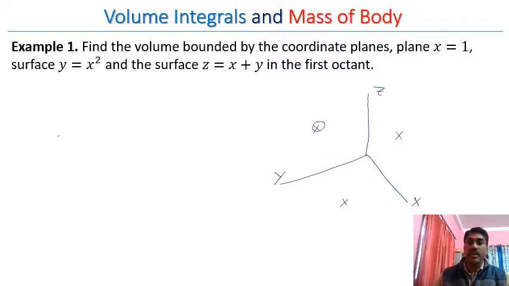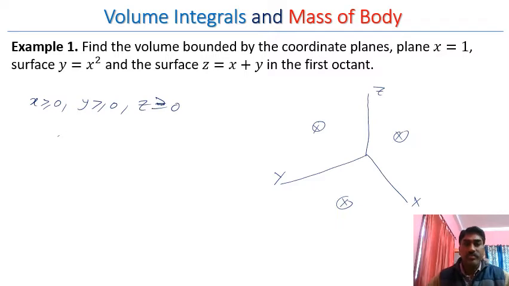The body that the question describes is bounded by these planes, and in the first octant, so x, y and z are all non-negative: x ≥ 0, y ≥ 0, and z ≥ 0. So we have almost obtained the lower limit for all the variables.